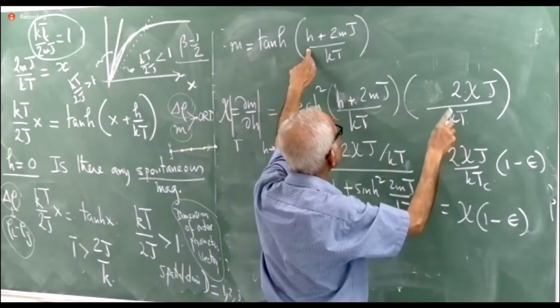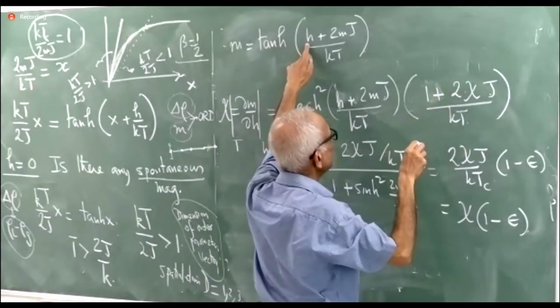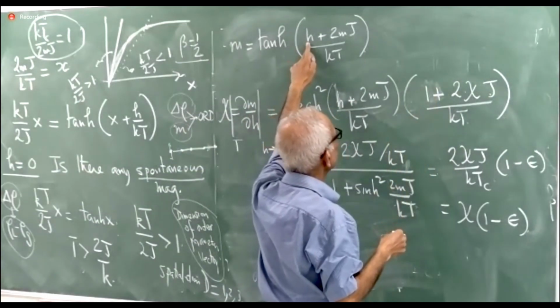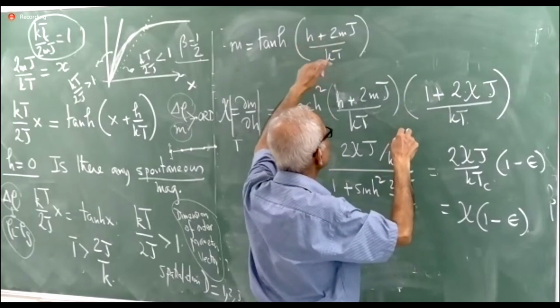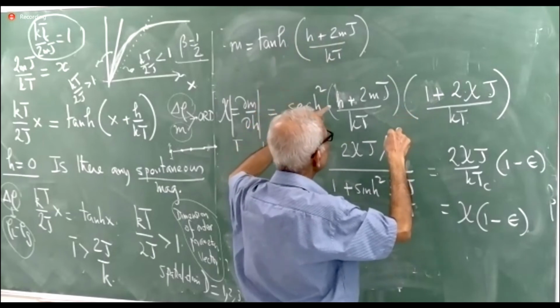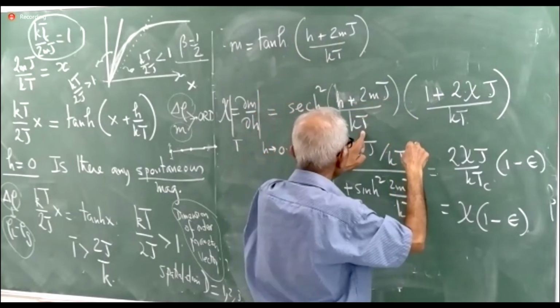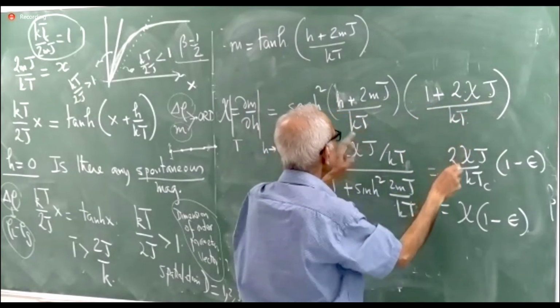Sorry, I should have kept that for this derivative here. This is not important, but that is. So it is sech squared of (h plus 2mJ) over kT, times 1 plus 2 chi J over kT.